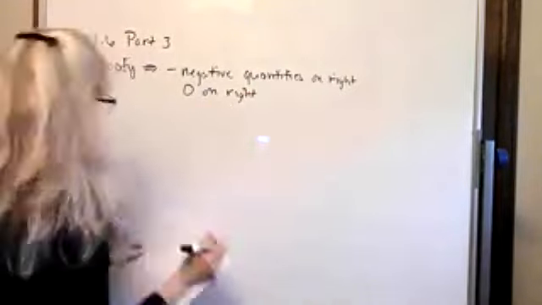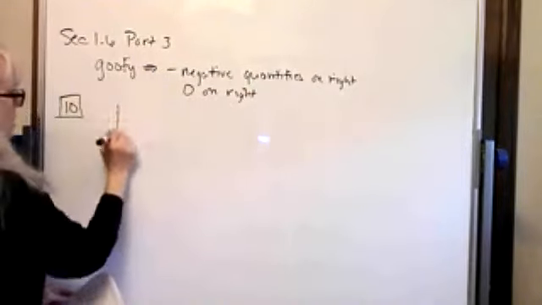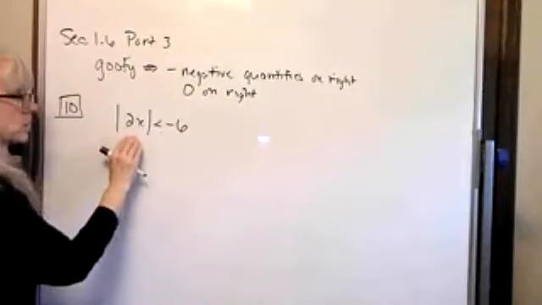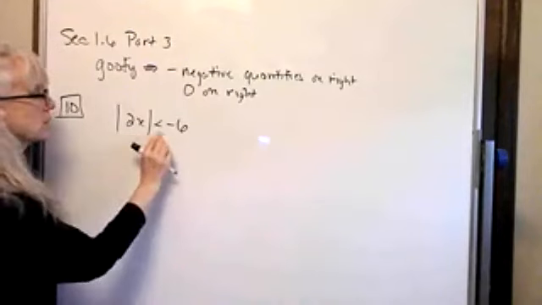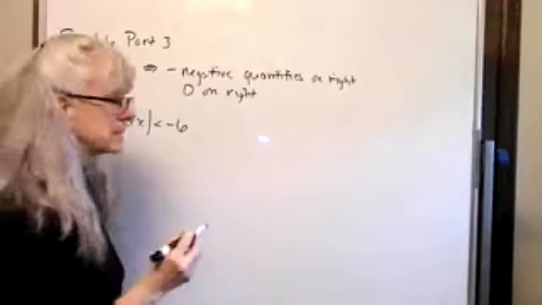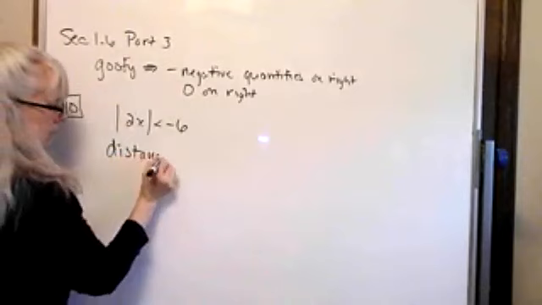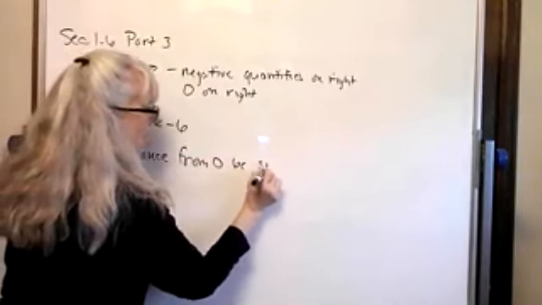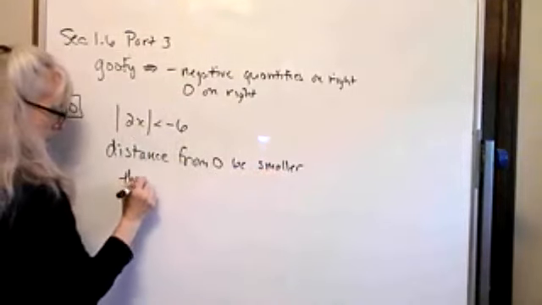So example 10 starts off with the absolute value of 2x is less than a -6. Most of the ones we solved had a spare term over here. That's not the goofy stuff. What's goofy over here is that we need to be smaller than a -6. So how can my distance from 0 be smaller than a -6?